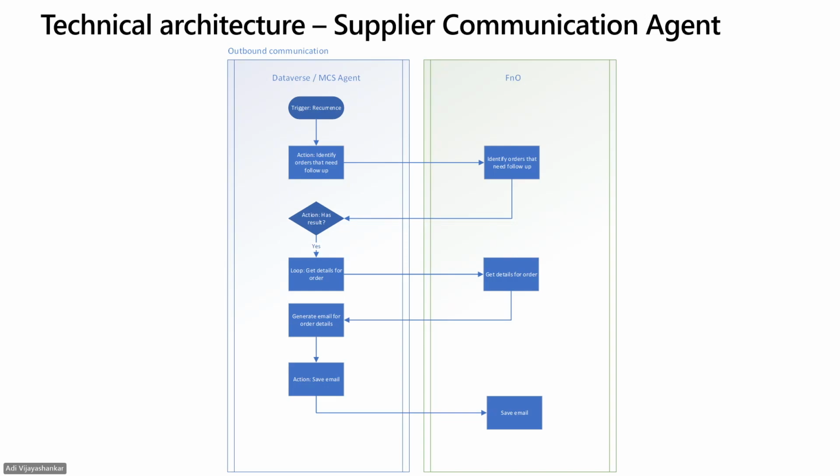Now, there are checks in place to make sure that we do not regenerate emails for the same order over and over if no changes have been made to the order. Once the emails are generated, the email will be saved to F&O. And although not depicted in this diagram, we do have the capability to automatically send emails as well, making this flow. This is it for the architectural design for our two agentic flows.